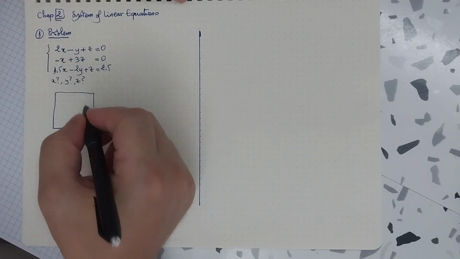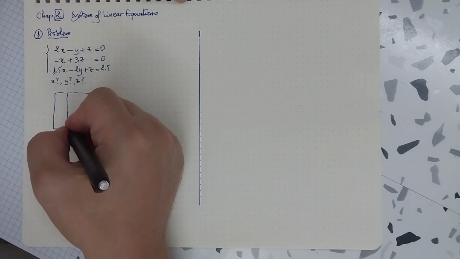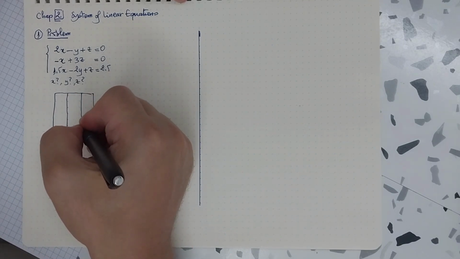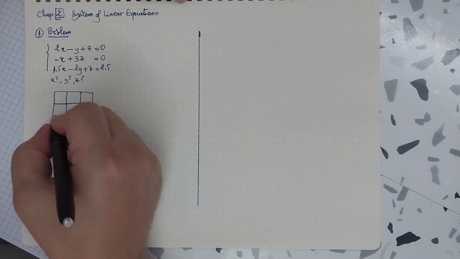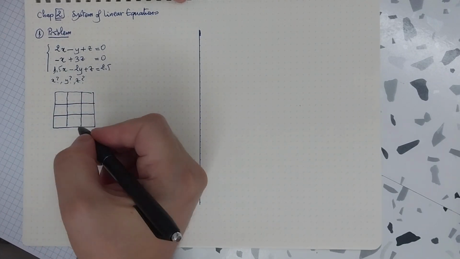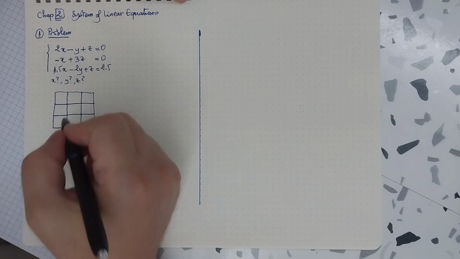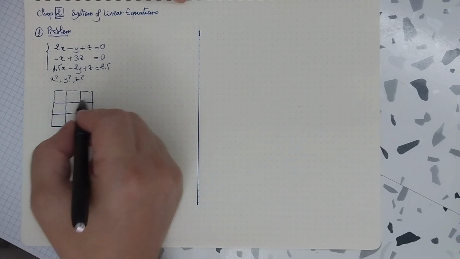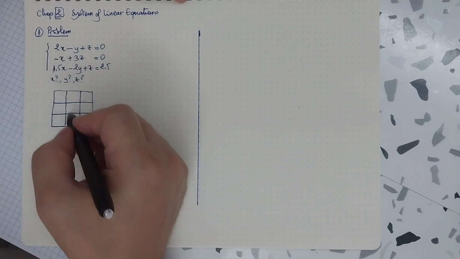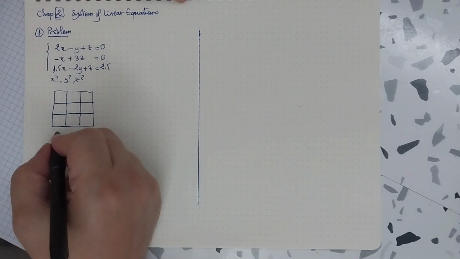Matrix with 3 columns, a column for each variable, and 3 rows, for each equation there is a row. Rows 1, 2, 3, and columns 1, 2, 3. This is the matrix A.